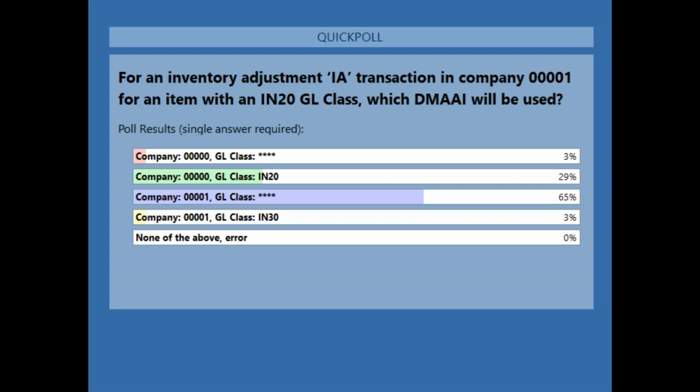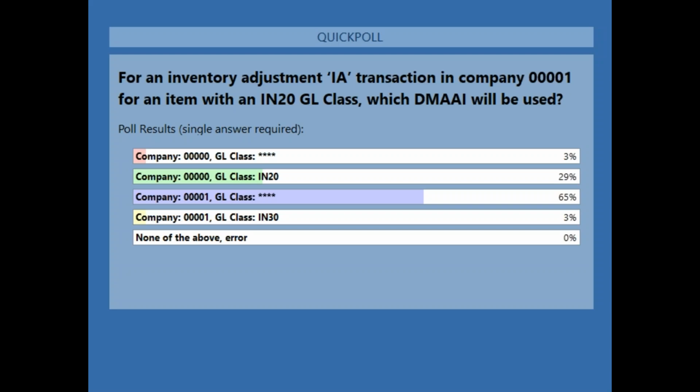So let's think about this in regards to the last slide that I just showed. Remember, it said the first thing it's going to look for is a perfect match on both the company number and geo class code. So do we have an entry for company 1 and IN20 specifically? And the answer is no, we don't.